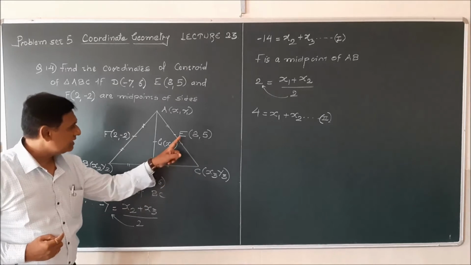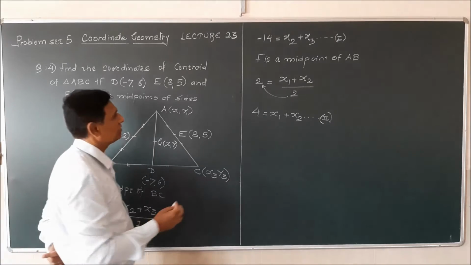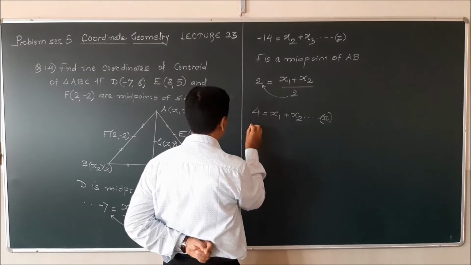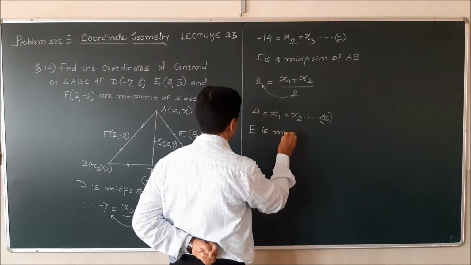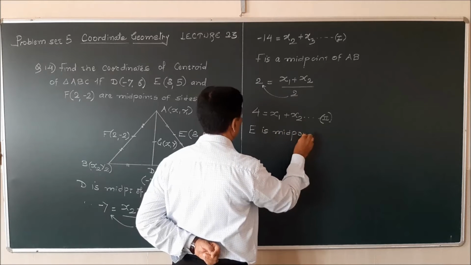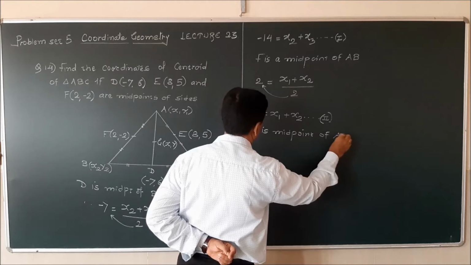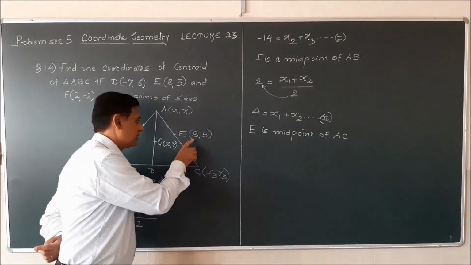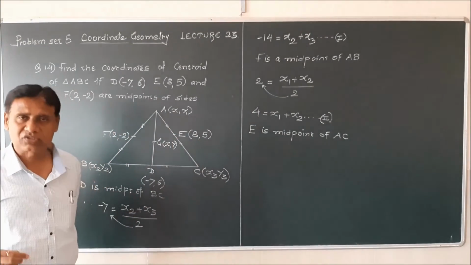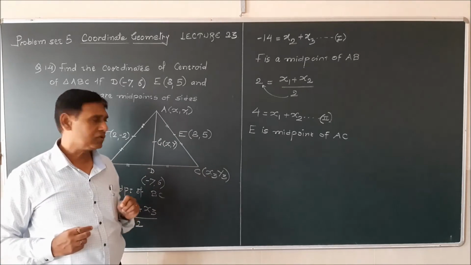Likewise, E is also a midpoint of AC. So in the same way, how will we get the x coordinate? We will get the x coordinate by adding x1 plus x3 upon 2.